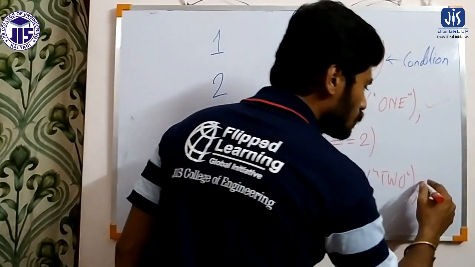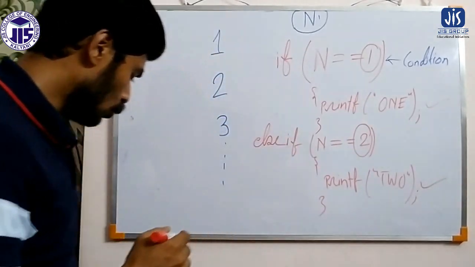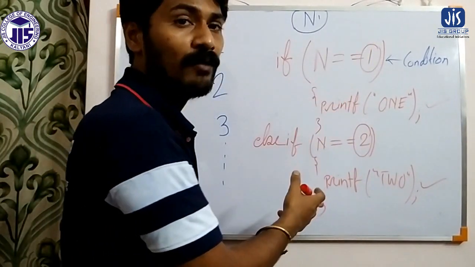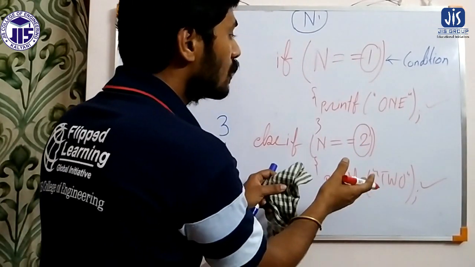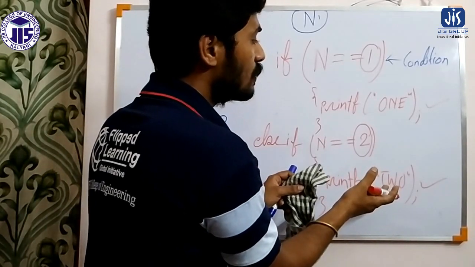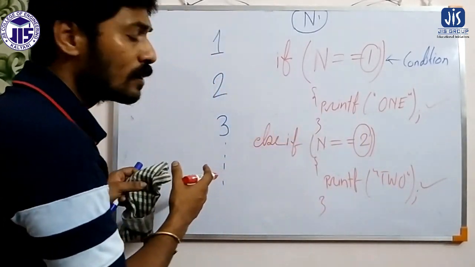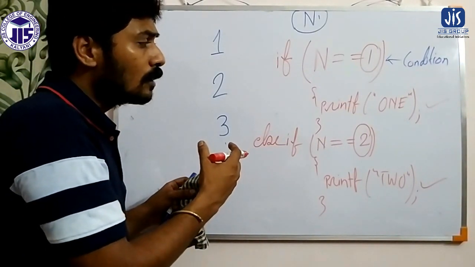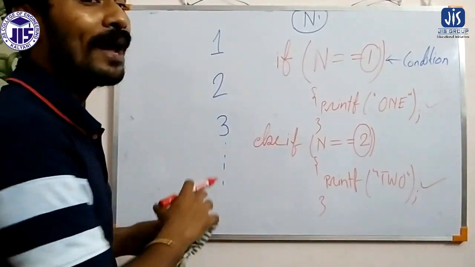To execute this particular statement, the value of the n variable should be 2. So we are executing the statements depending on the value of the variable, but in the form of a condition. Now I will change this program a little bit and convert it into the switch statement, in which we will get the same output, but depending on the value directly.